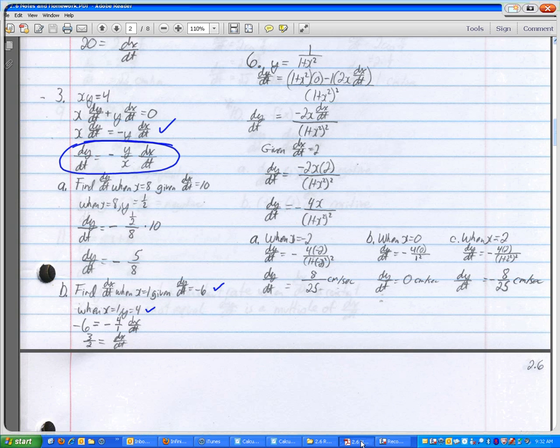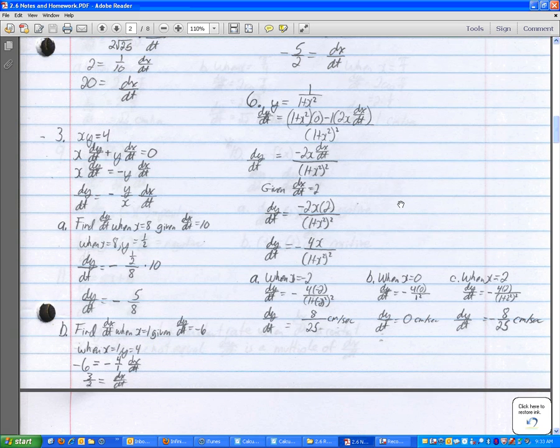Lindsay? Number 6. All right, so on 6, they tell us that a point is moving along the graph of the given function such that dx dt is 2 centimeters per second. Find dy dt for the given values of x.